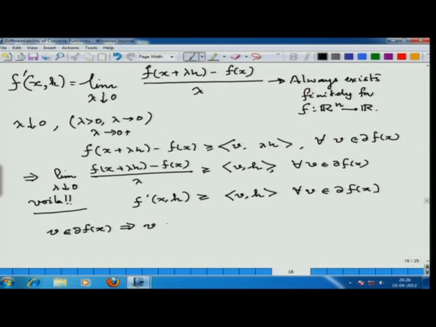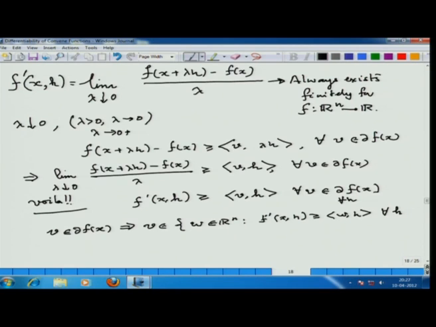So, v element of del f x implies v is an element of the set of all w such that f dash of x h is bigger than w h for all h. If I fix this x and keep on changing h, and for any fixed subgradient you take, this formula holds for all h. So, you fix a v, then for all h this formula will hold.